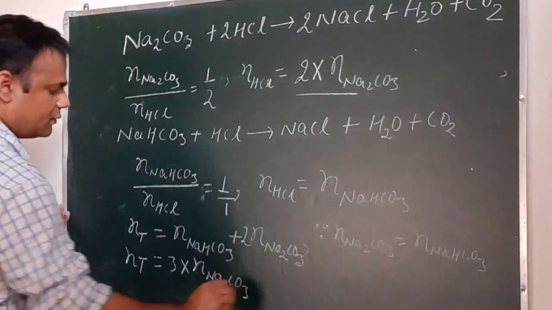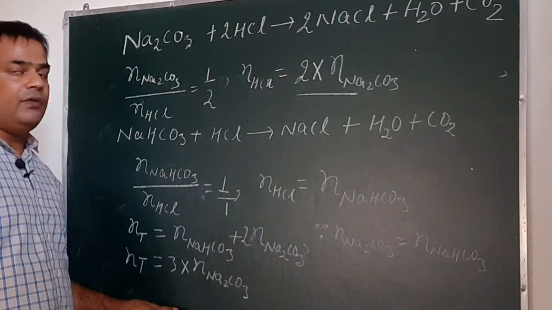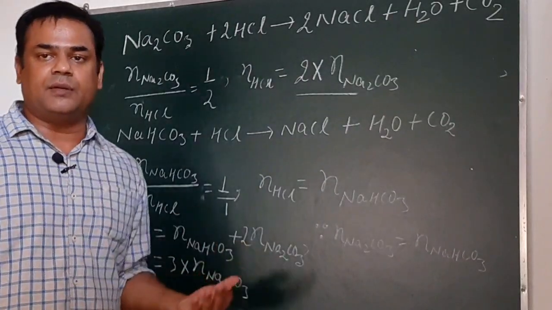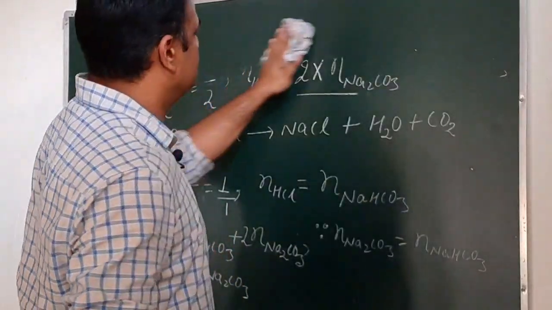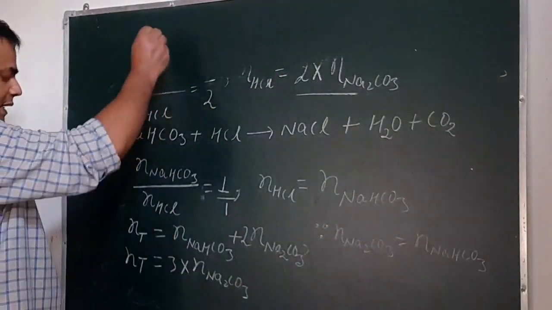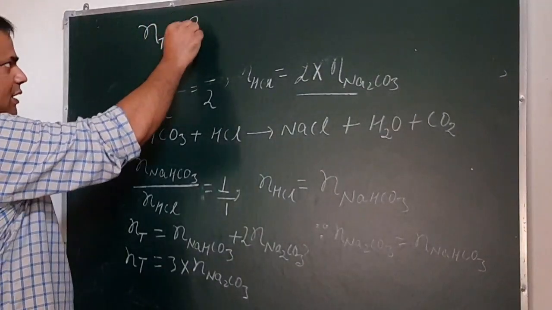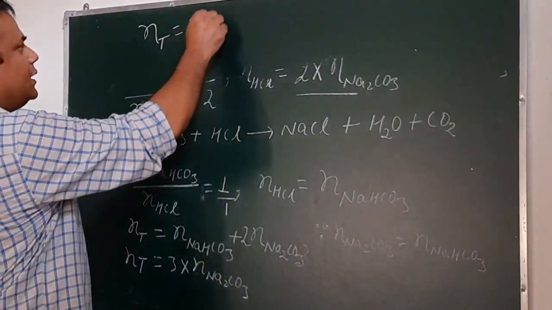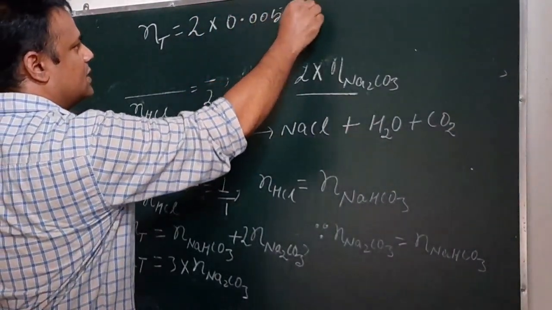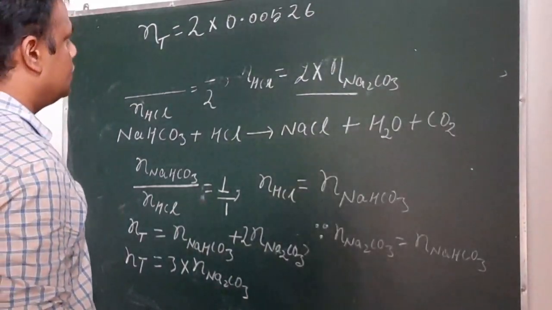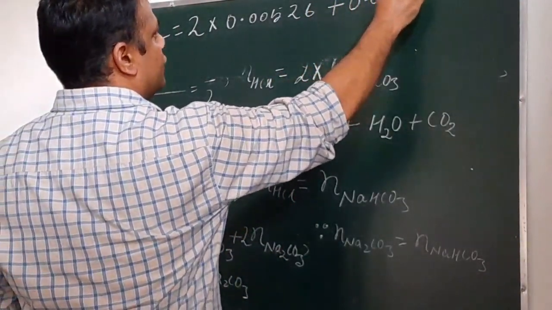And in the beginning we have determined the total number of moles of carbonate, that is 0.00526 plus 0.00526.